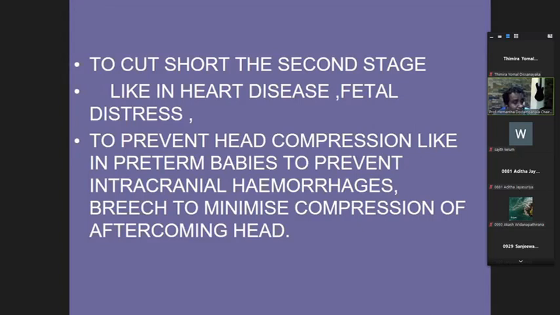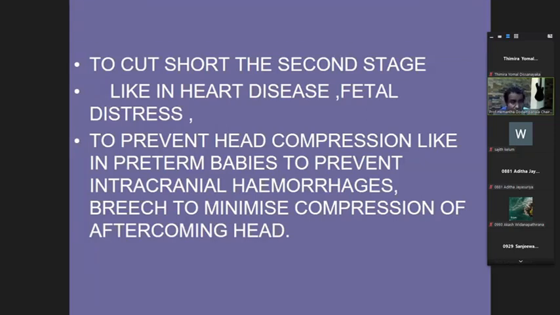Preterm babies' skulls are very soft. They can compress and decompress, and it can tear all the veins inside. Therefore, you don't want the perineum to compress and decompress, so you make a cut. Episiotomy is indicated for preterm deliveries.